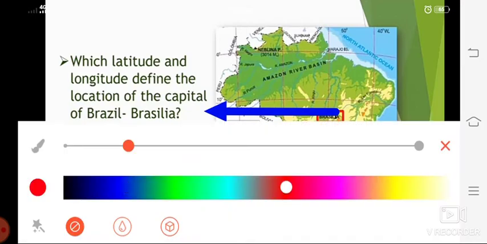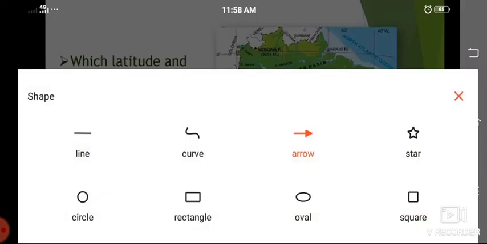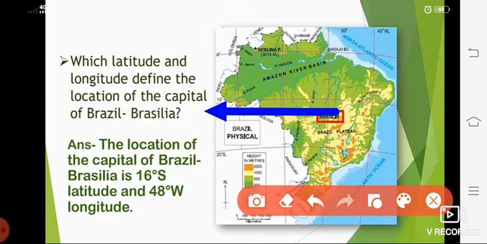It is not exactly half of that. Half will come here. Yes or no? This is half, no? That is 15 degree. It is above 15 degree. We can consider it as 13 degree south. So here it is, no, it will be 13. Okay, so it is at 13 degree south latitude.